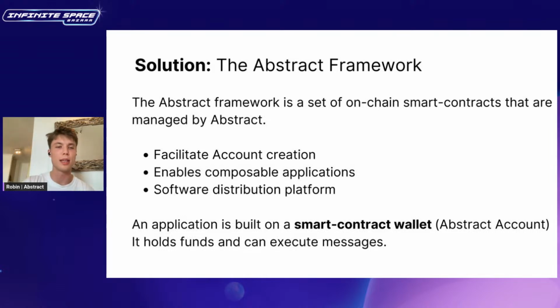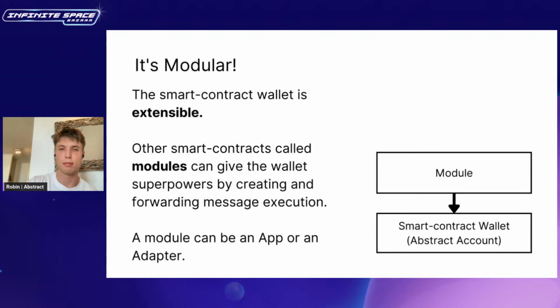So just know that an application that is built on Abstract is actually built on a smart contract wallet that we call an abstract account. And this abstract account can hold funds for you, and it can execute messages on behalf of other smart contracts. So that makes it kind of modular, right?